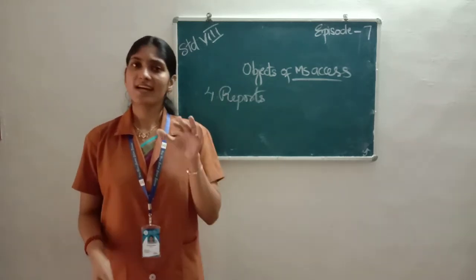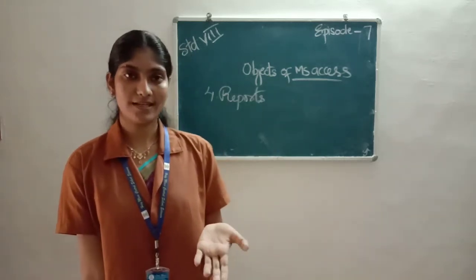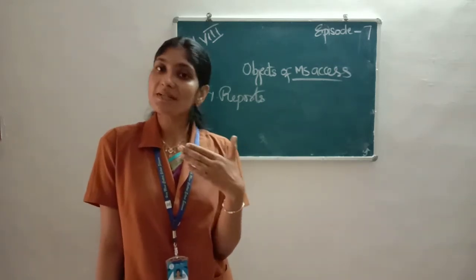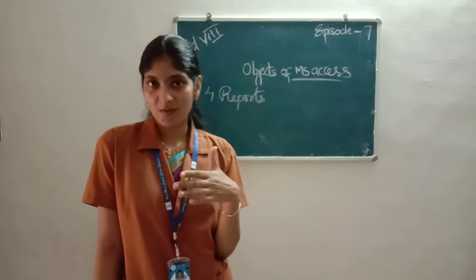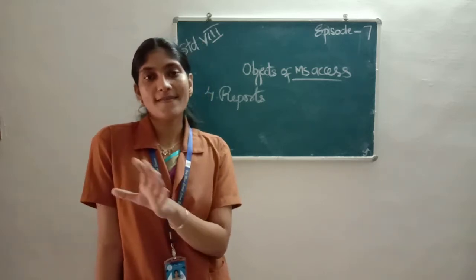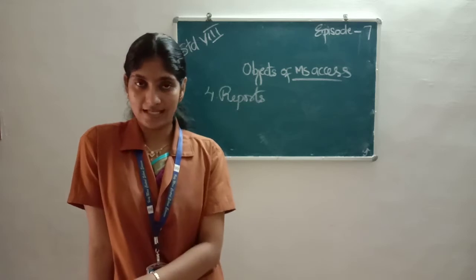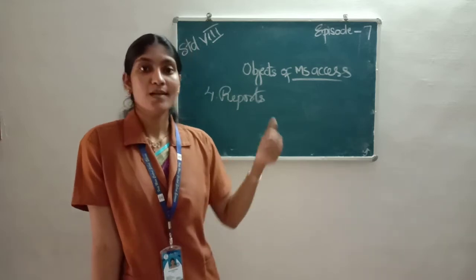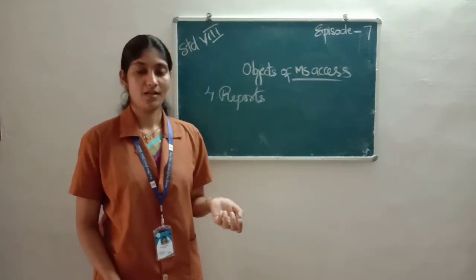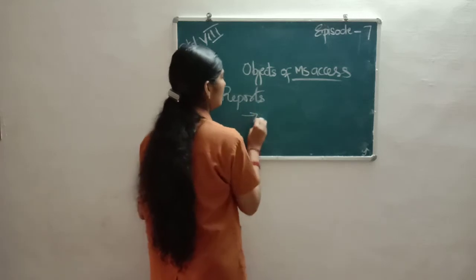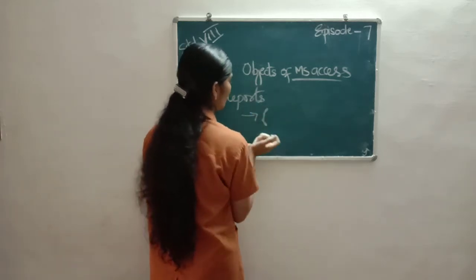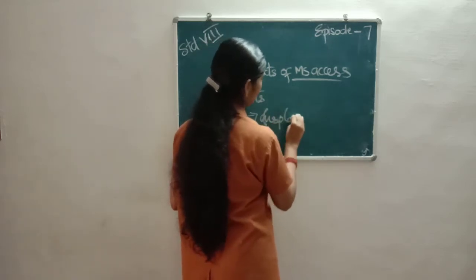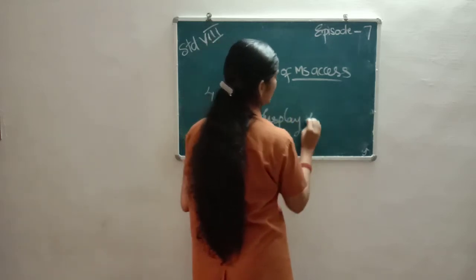We discussed queries, where according to some conditions or criteria the results are displayed, like the list of students who have scored more than 80 marks. So reports are used to display the formatted output.